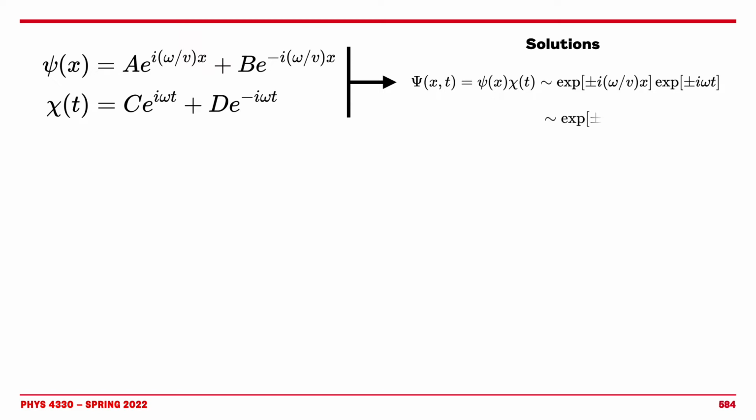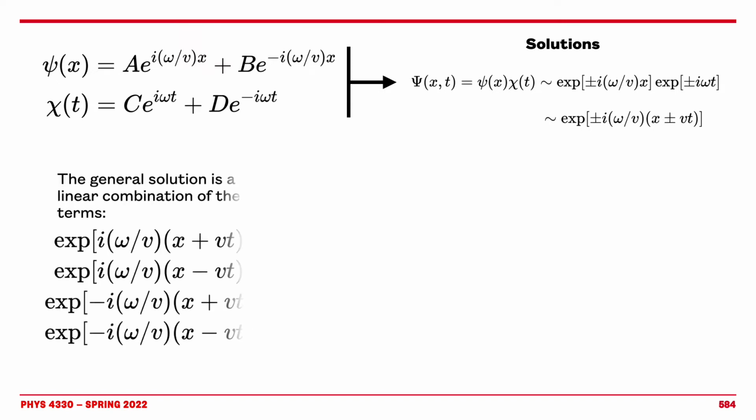So we can write it this way, and I attract your attention to the fact that we use twice plus and minus, which means that we have 4 possibilities, and all the combinations are possible. In fact, if you want to write it explicitly, a general solution will be a linear combination of those terms, with the weight of each term dependent on A, B, C, and D that I discussed before.